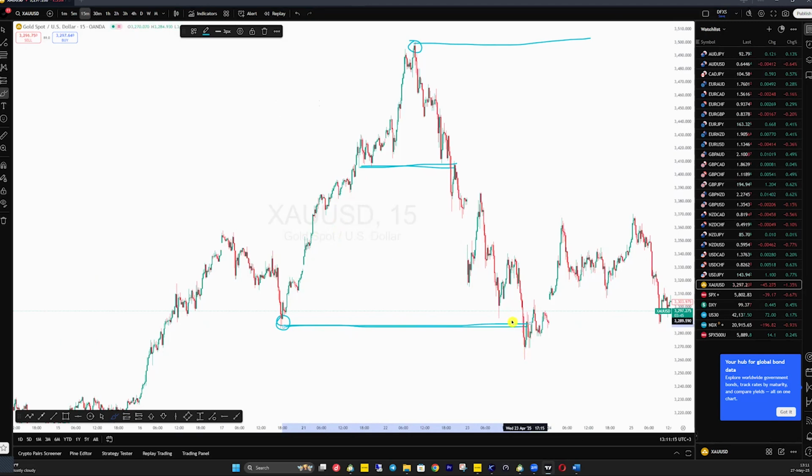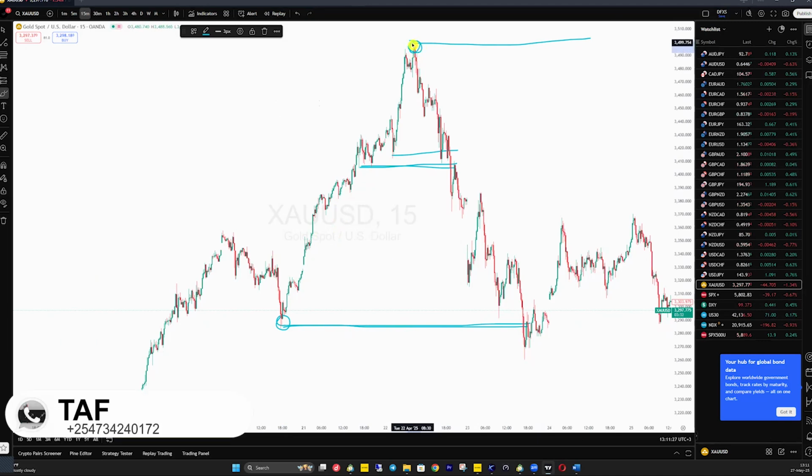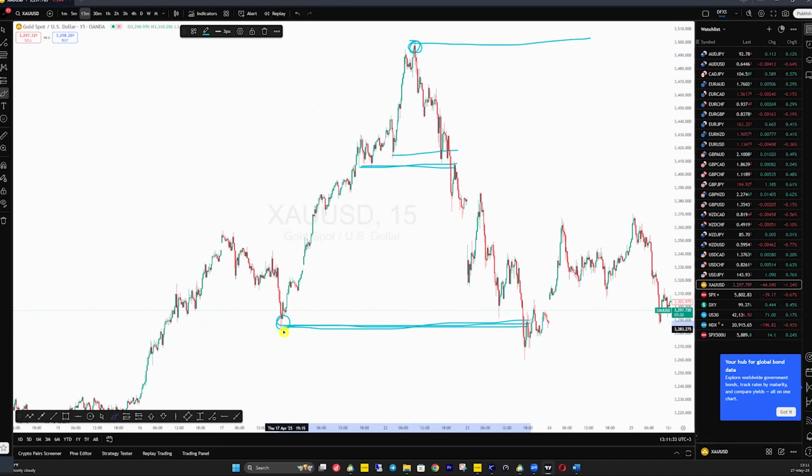Then to me, this one will be the change of character. The market has taken my first inducement at this place, then I got the higher high. Then the market dropped and broke my last higher low at this point.